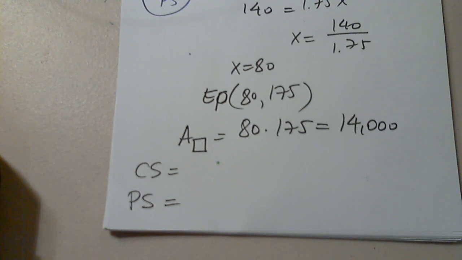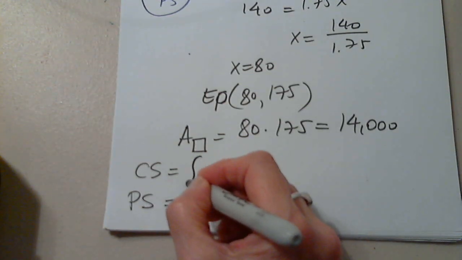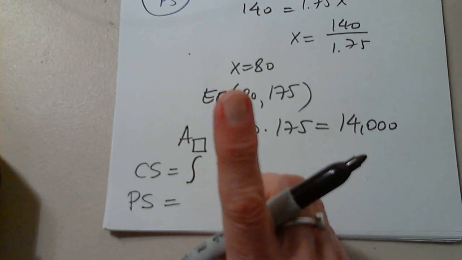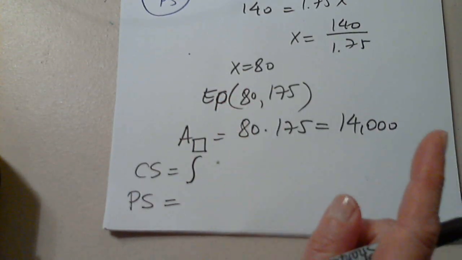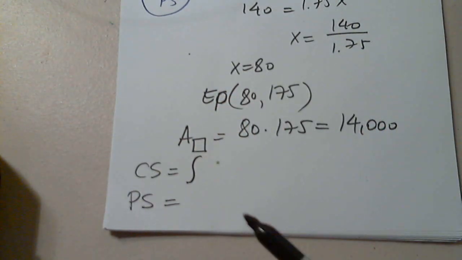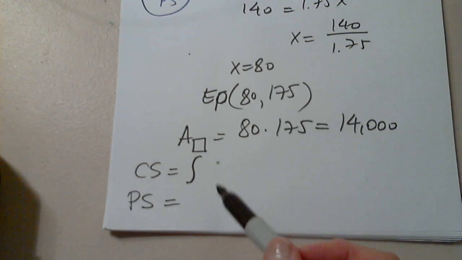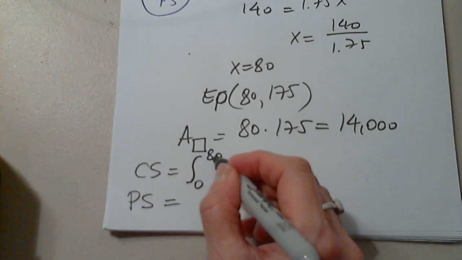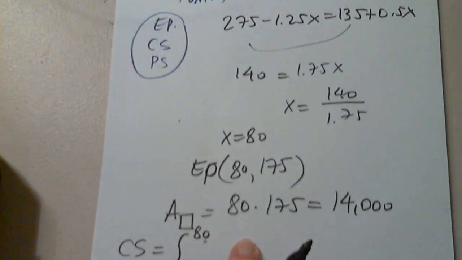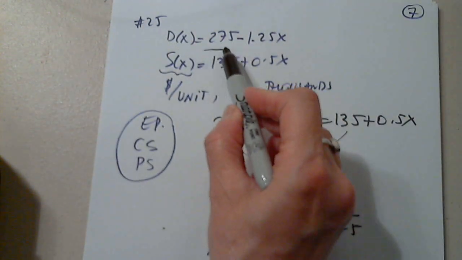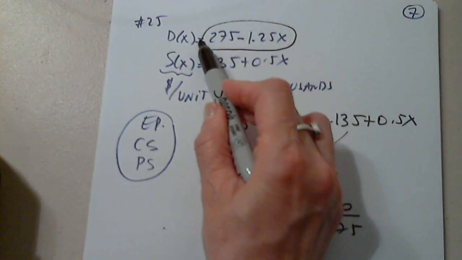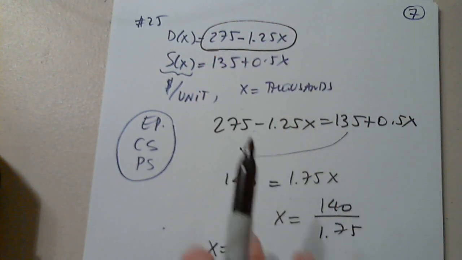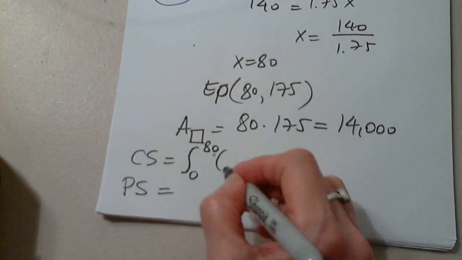Would the consumer surplus be the indefinite integral between? It has to be definite. Very good, but it has to be definite because it's a number. Yes, perfect. From 0 to 80. Exactly. From which function? 275 minus 1.25x.